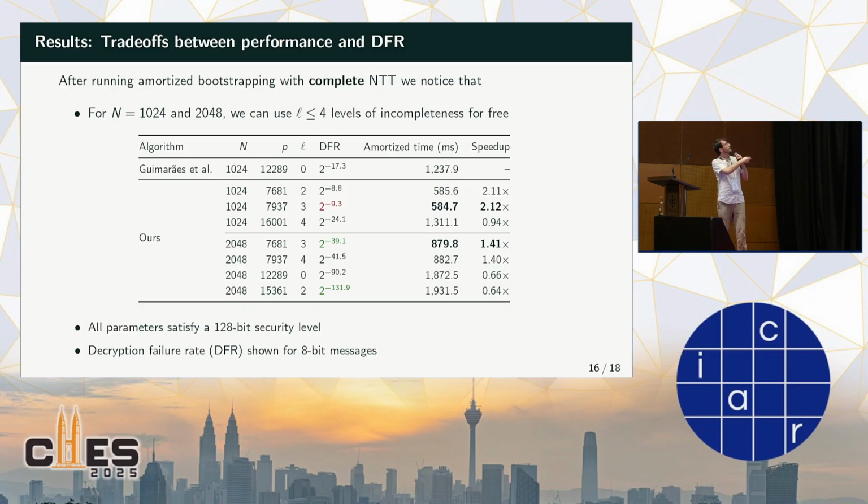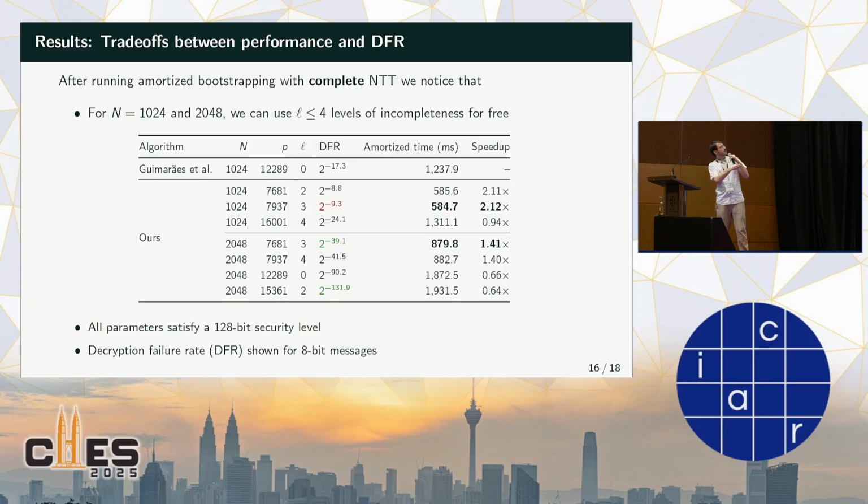For these cases, we're considering n equals 1024 and 2048, for which we were able to compute, doing the alpha star computation, that we get L equals 4 levels of incompleteness for free. The original implementation achieves this value for the amortized time and 2 to the minus 17 DFR.